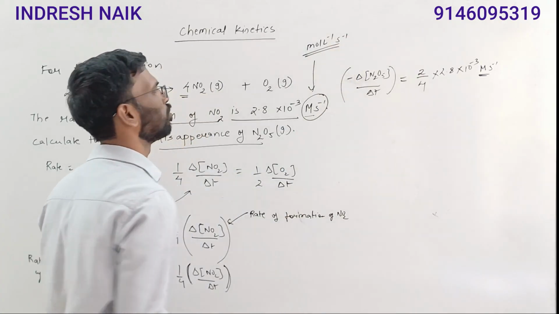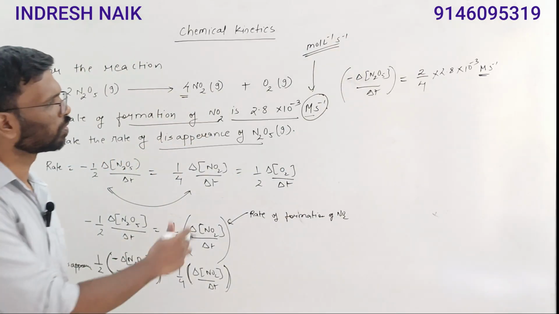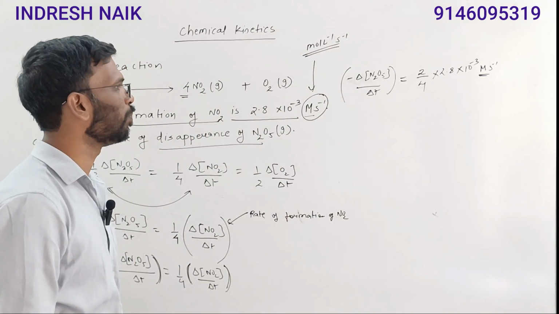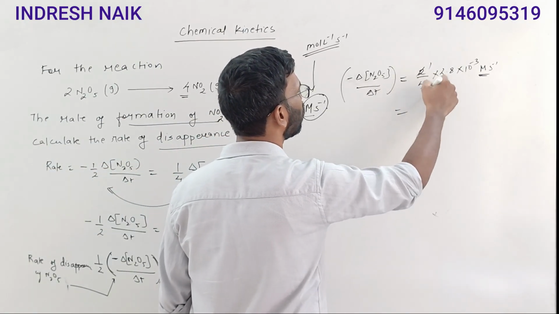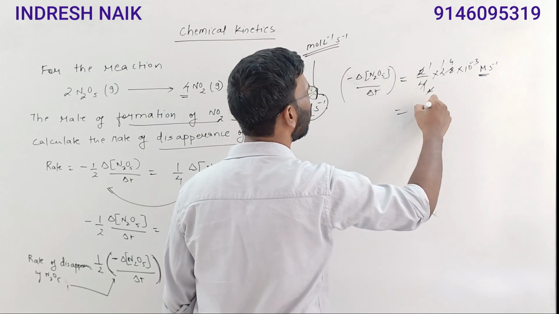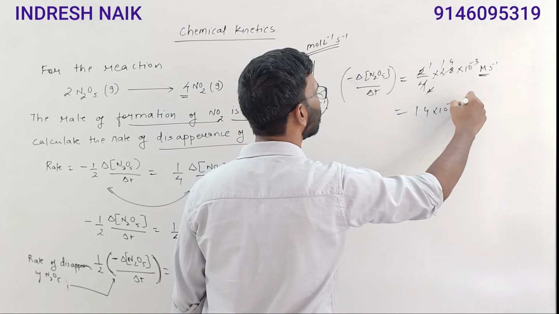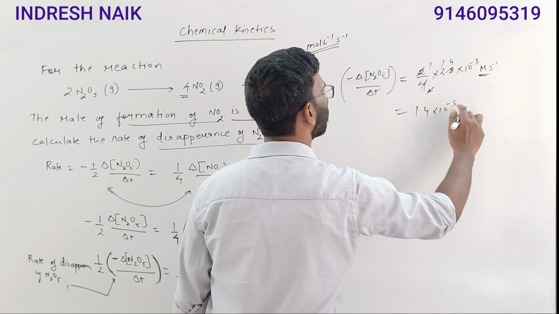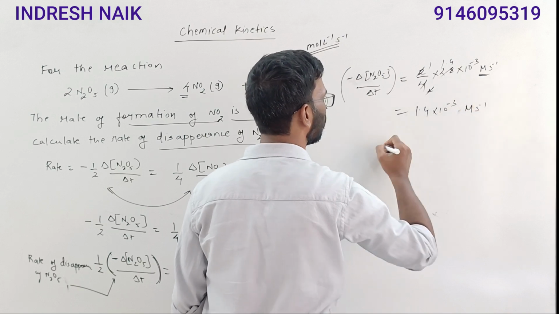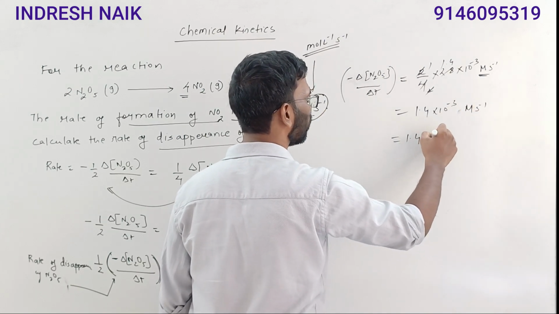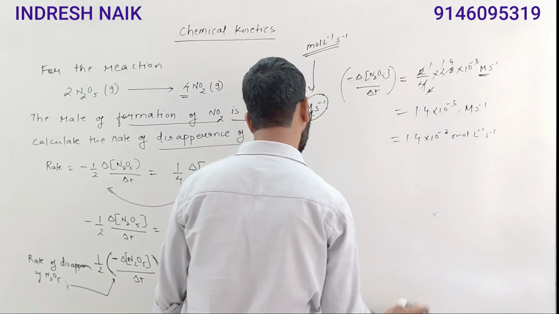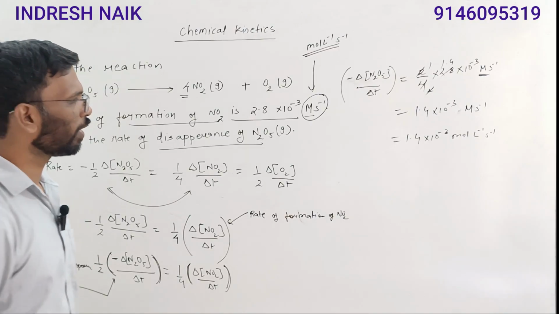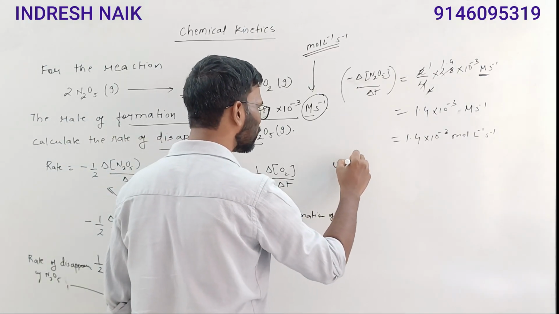This is the unit of the rate of reaction. So this capital M is molarity, moles per liter. So this is 1 by 2, so 2 and 4. So the answer is 1.4 into 10 raised to minus 3 molarity per second. Molarity could also be written as 10 raised to minus 3 moles per liter per second. Right? So what would be the units of rate of reaction?